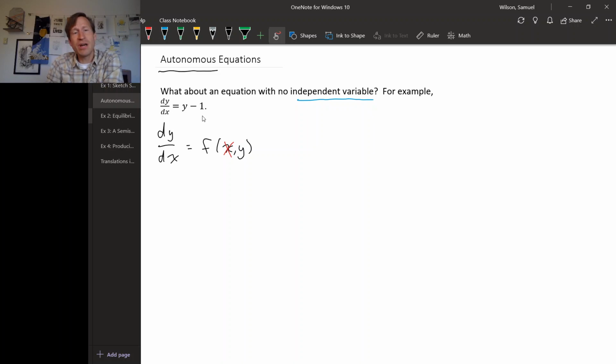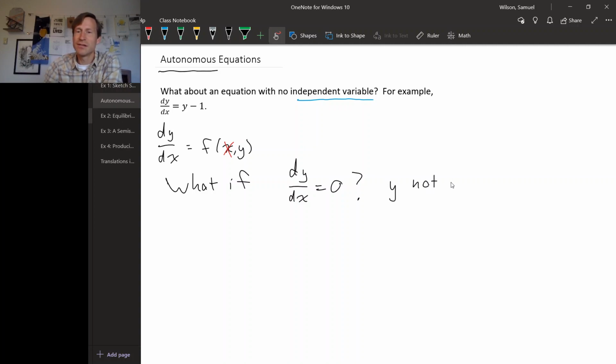And this sort of equation has a few tricks associated with it. One nice thing about this sort of differential equation is, let's ask ourselves, what happens if by some coincidence we happened to have dy dx being 0? Well, if dy dx were 0, then y would not change, because after all its derivative is 0.